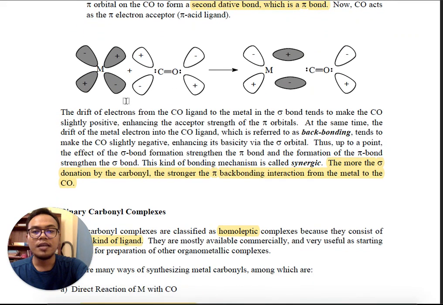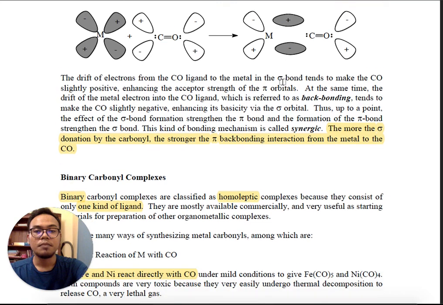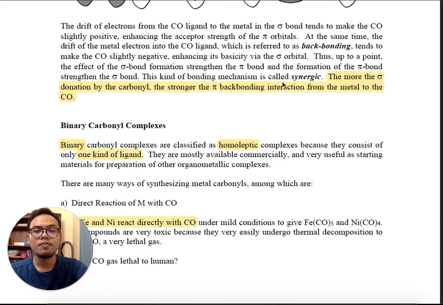From this diagram, we can see that there is an overlapping between pi orbitals of metals with empty pi orbitals of carbonyl, forming a second dative bond, which is your pi bond. Now, the flow of electrons from carbonyl ligand to metal, forming sigma bond in the first step, will make the carbonyl slightly positive.